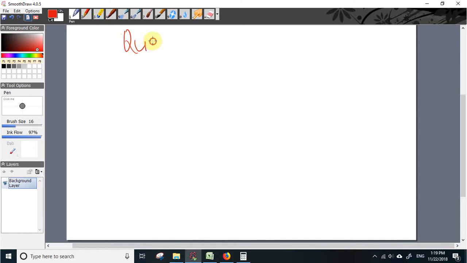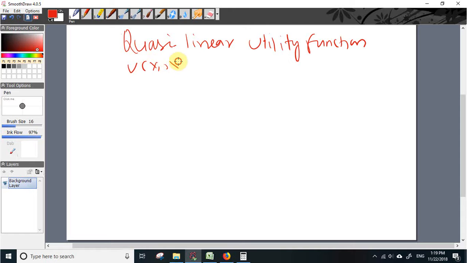This is also a quasi-linear utility function, but this is linear in x1.